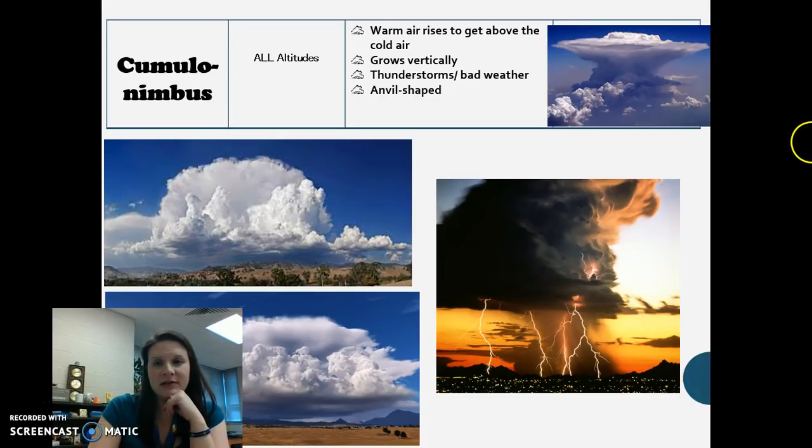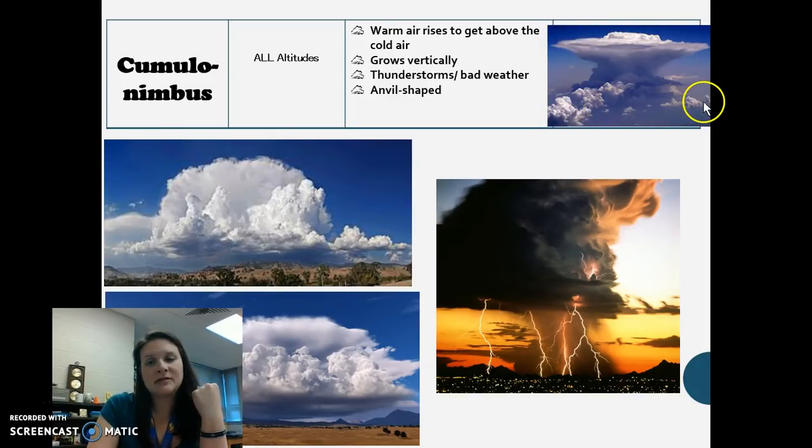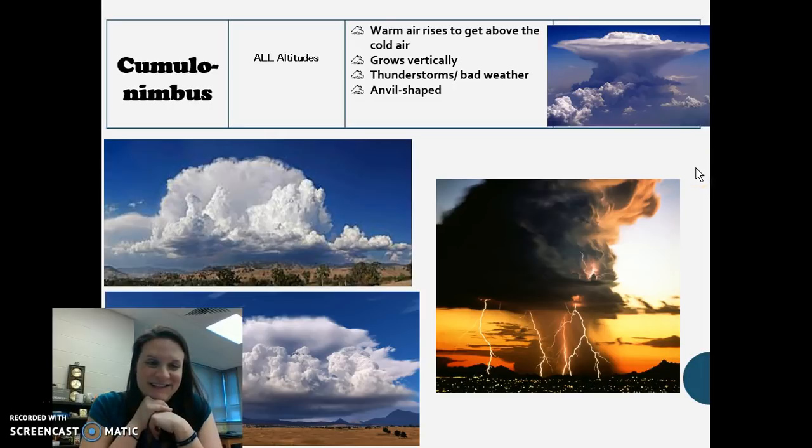So you can kind of see it over here in your picture. I tried to find a good picture for the anvil shape, but you can see how it almost looks like an hourglass shape. So try to draw your best cumulonimbus cloud. Notice it has nimbus in the name, so you know that that indicates precipitation.